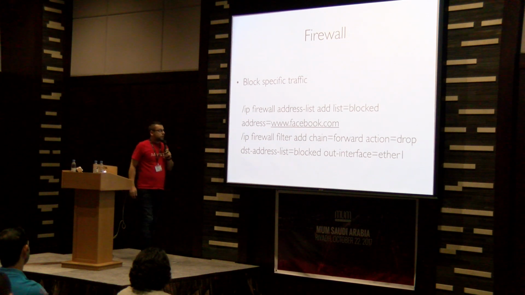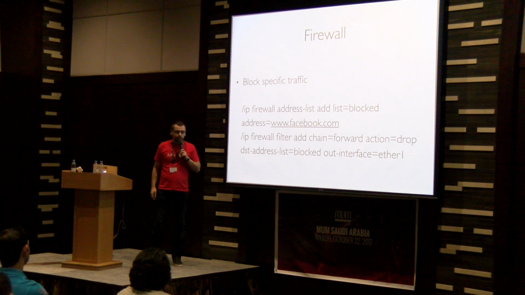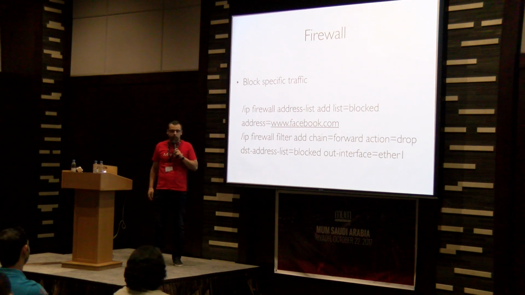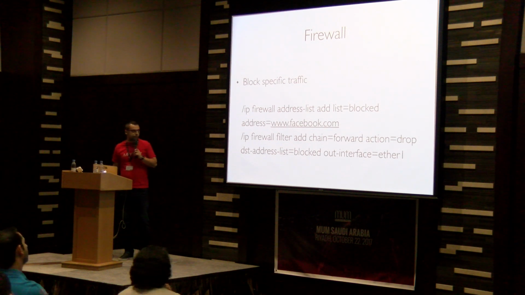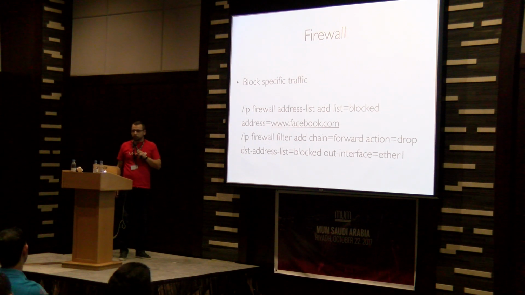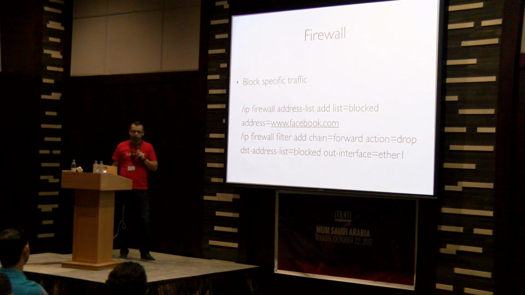Now, some basic firewall functionality, which was long asked of us. For example, how to block Facebook access in my office. In the past, you simply had to add every Facebook-used IP address to an address list and drop access to such IP addresses.